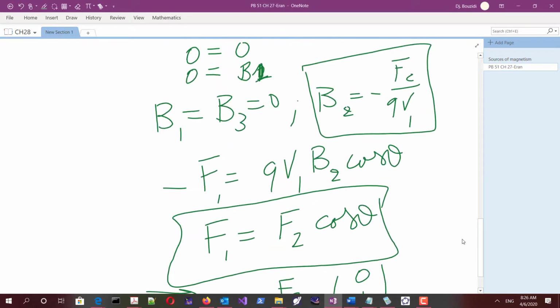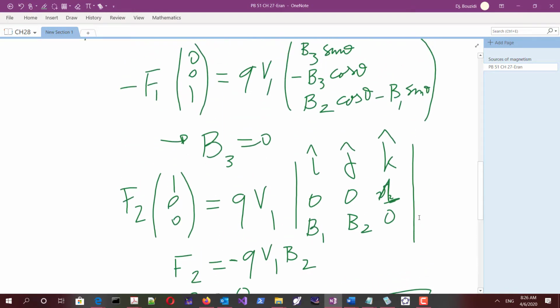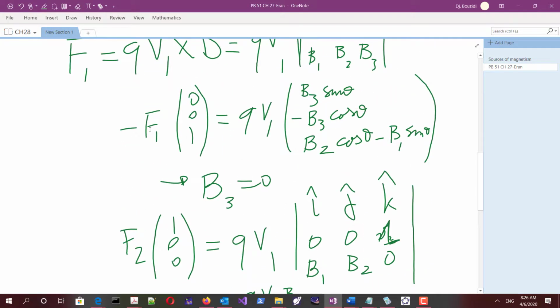I mean, it's simple algebra. I hope you guys see that in this case. I didn't try this expression, but it's very simple to see. From this expression here, 1 times F1 with a negative sign is the z component.